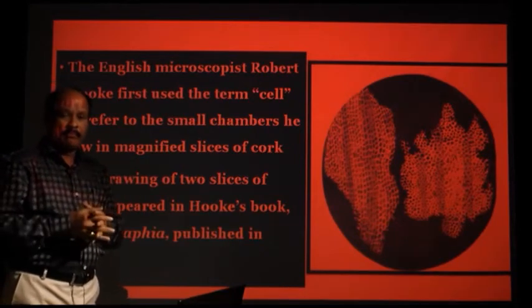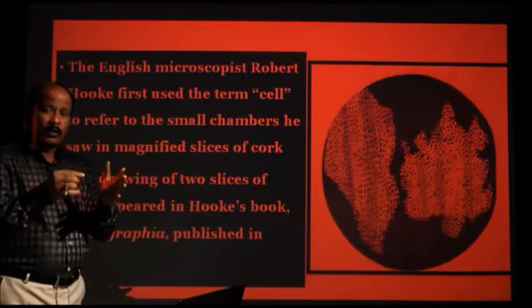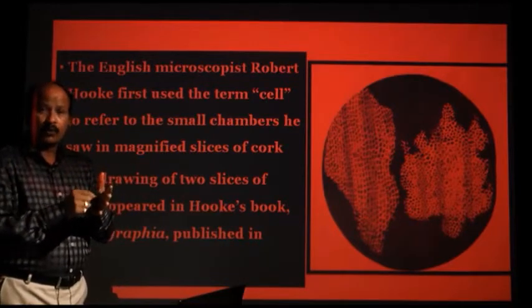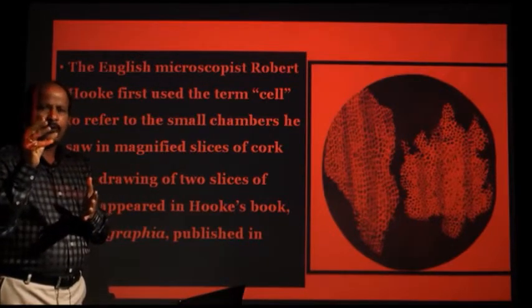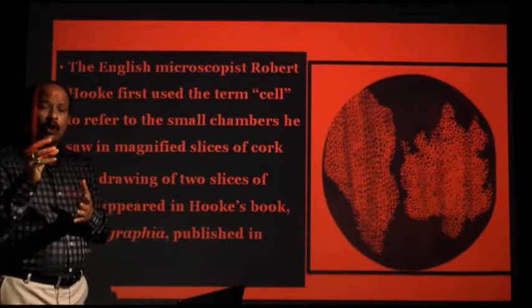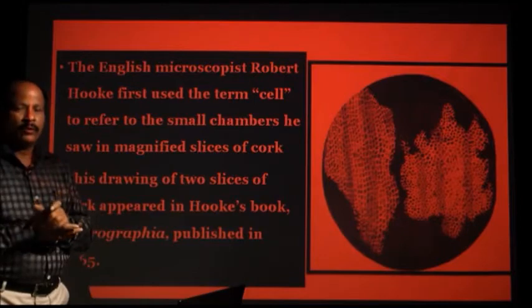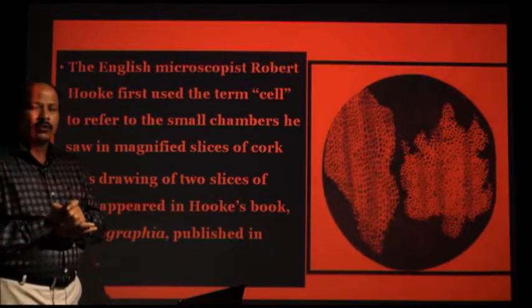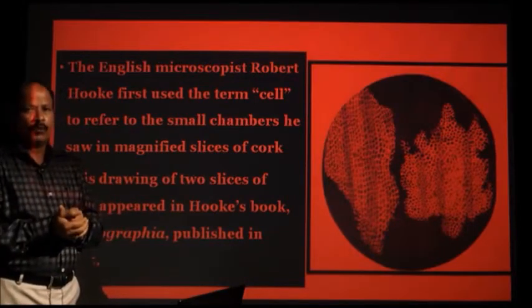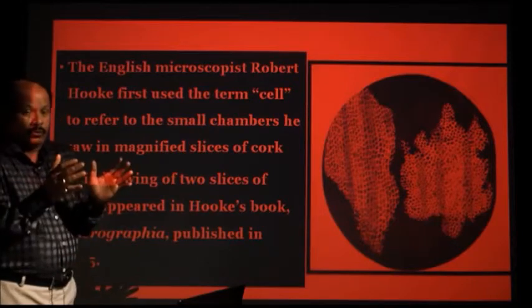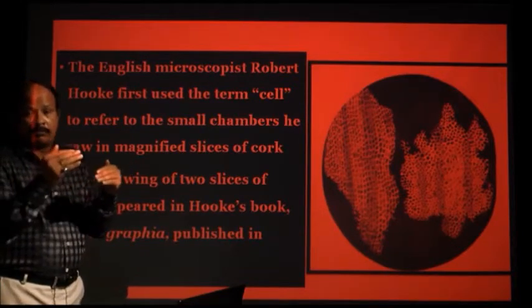At that time, the microscope, compound microscope, very primitive form, simple form of compound microscope he designed. With that, he visualized the slices of cork. Cork is the tissue of the bark, okay?